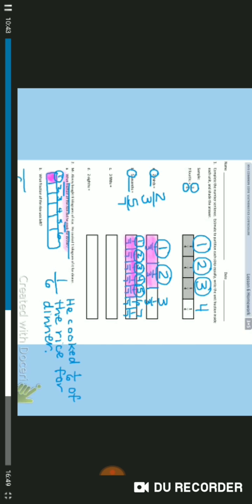There were 6 equal pieces in all. Now, the question, though, says what fraction of the rice was left? This time, for the top number, you'll put the number of pieces that were not shaded or not cooked. And you'll write that right here.